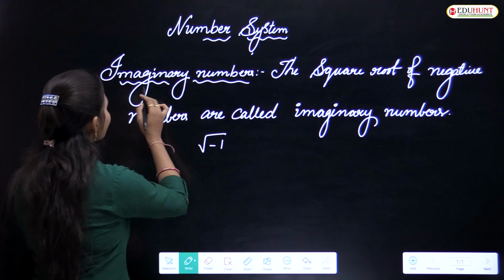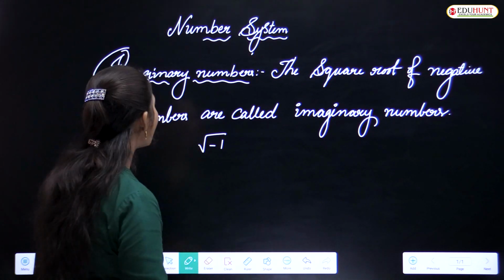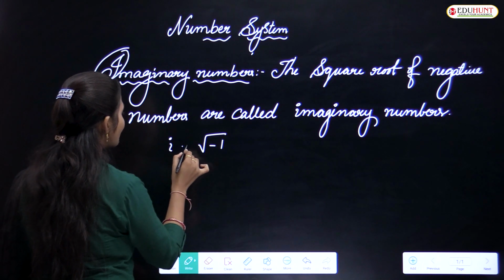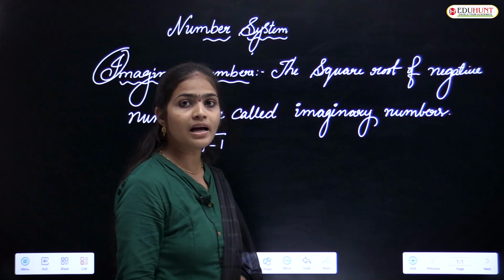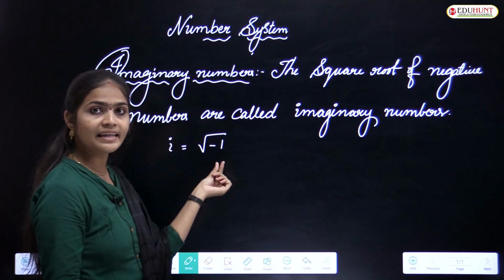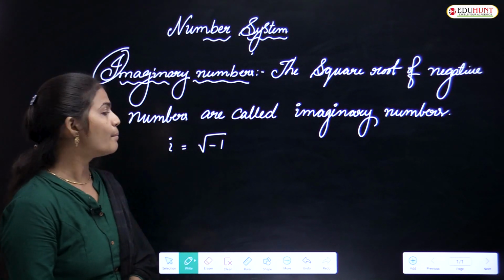Imaginary numbers: the starting letter of imaginary is i. So imaginary numbers are represented with the letter small i. Generally the value of small i is square root of minus 1. So i is equal to square root of minus 1.